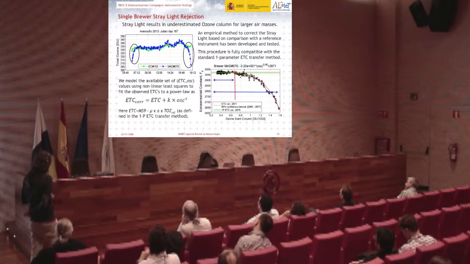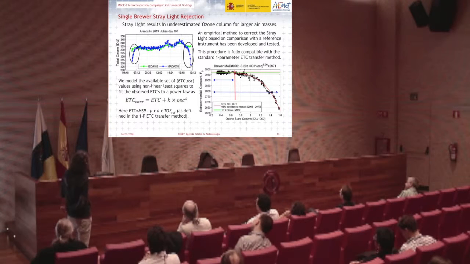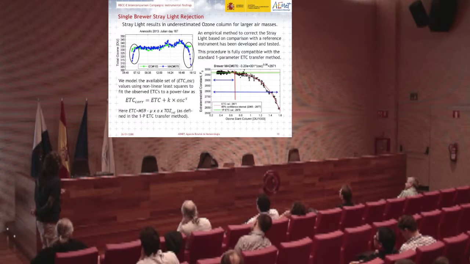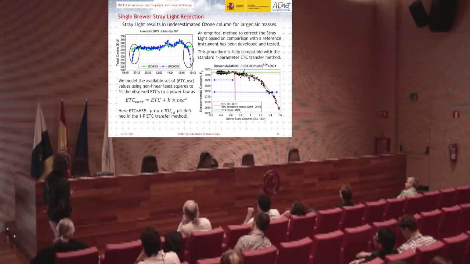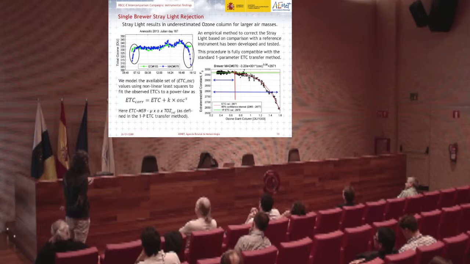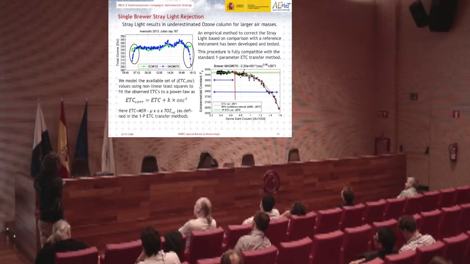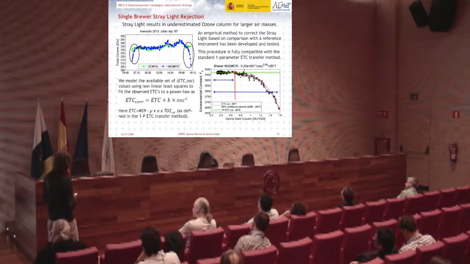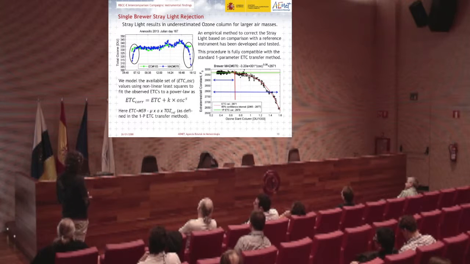So this procedure is based on some results, and what we do is simply apply some curve fitting to the total pairs of ETC and ozone slant path values that we obtain after applying the one parameter ETC transfer method.